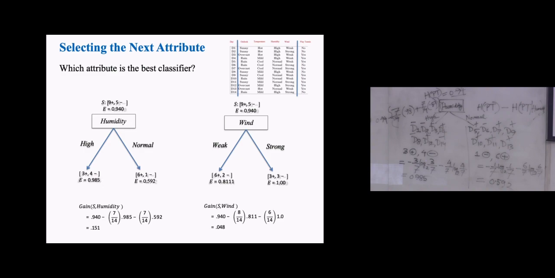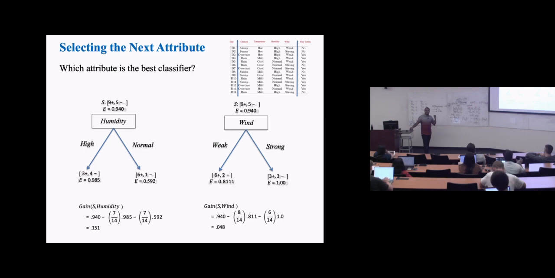Now you can do the same thing for wind, right? You can do the same thing for outlook, and you can do the same thing for temperature. And once you do that, then immediately based on your calculation, it will be outlook that gives you the most information. So then you basically forget all of this.